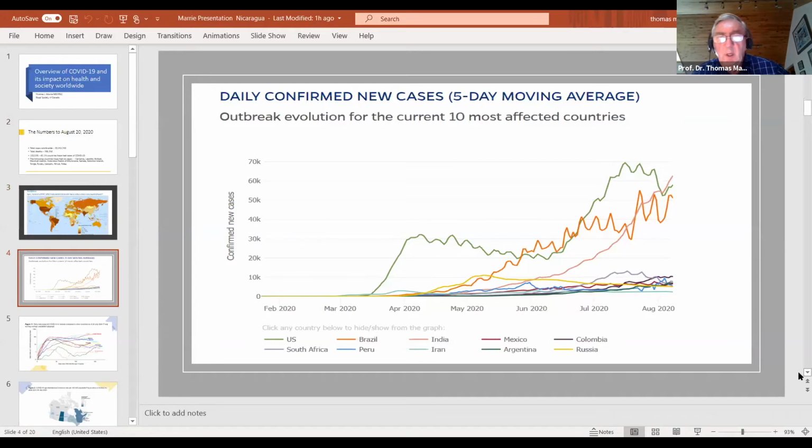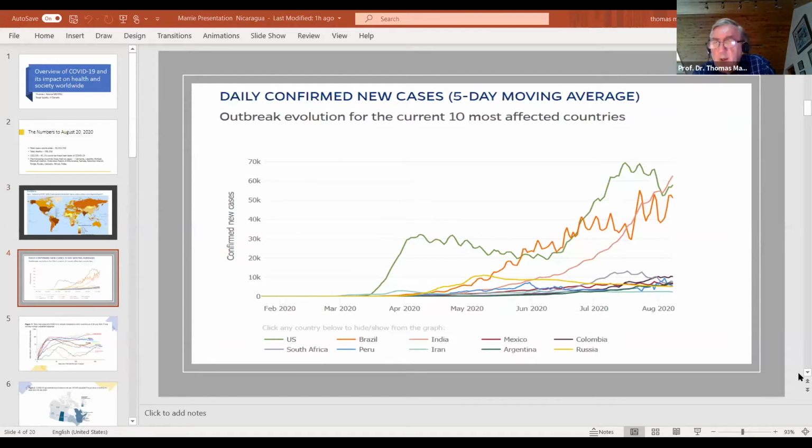This is showing the data in another way, again familiar data, the countries that are most affected in the world. And here are the 10 most: US, Brazil, India, Mexico, Colombia, South Africa, Peru, Iran, Argentina, and Russia.